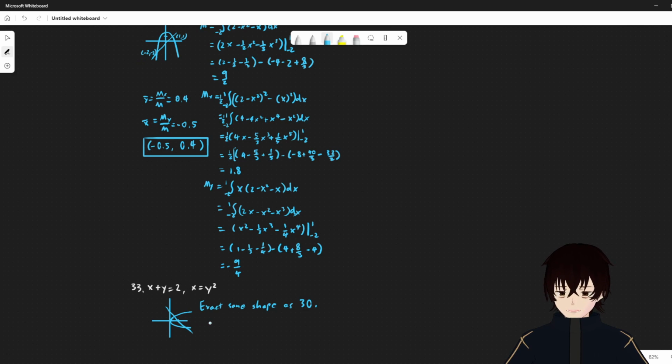So x has gotta be 0.6 and y has gotta be... Wait, hang on, I confused myself a little. -0.5. -0.5. Right? This is the even number question. No, odd number question. Let's check.